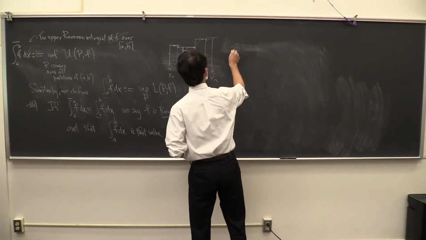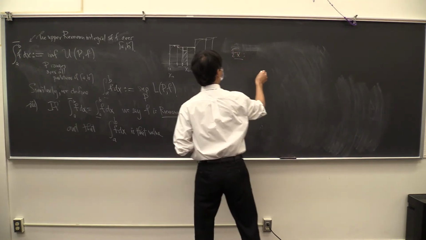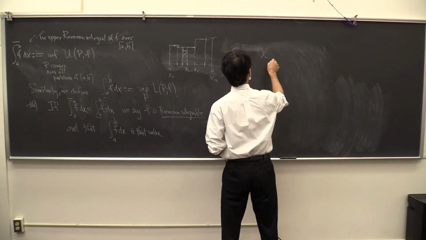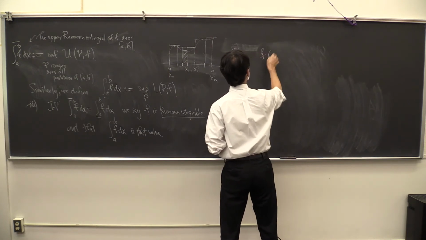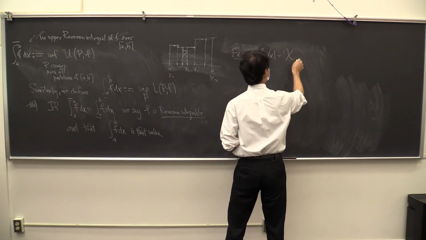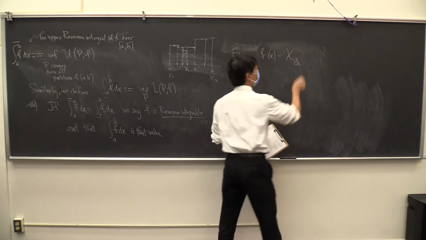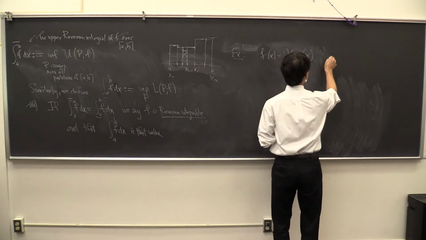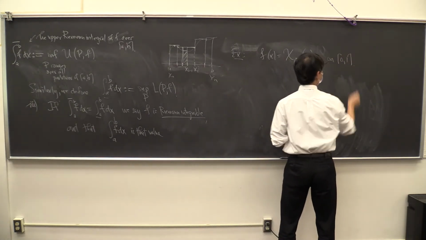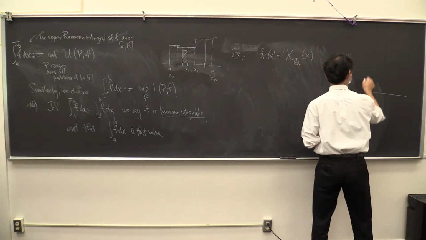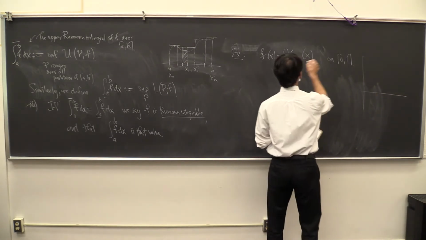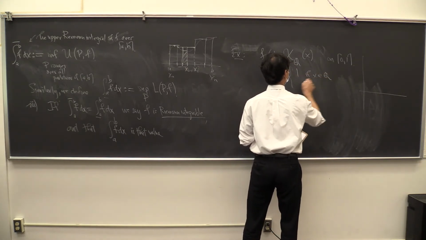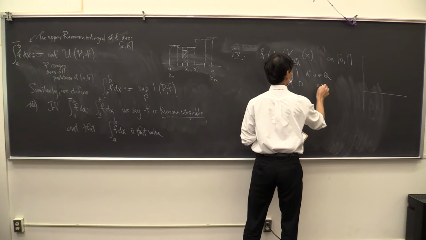Okay, so let me give an example. Let our function be the characteristic function of the rational numbers, on the interval [0, 1]. So our function looks like this: it's going to be 1 if x is rational, and 0 if x is irrational.